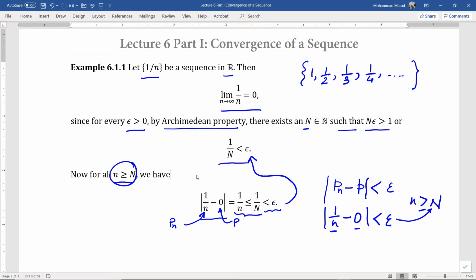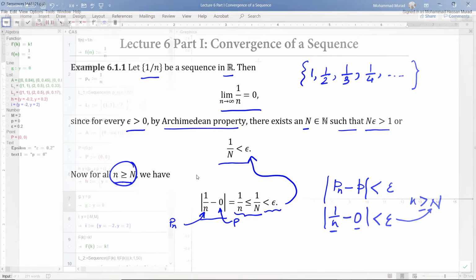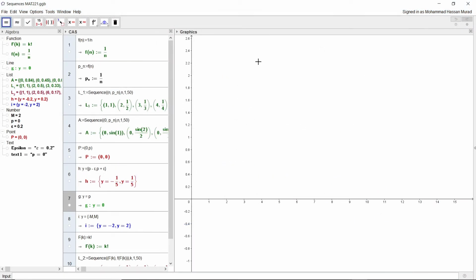Let's try to see the geometric meaning of this problem. Let's try to plot the sequence 1 over n.